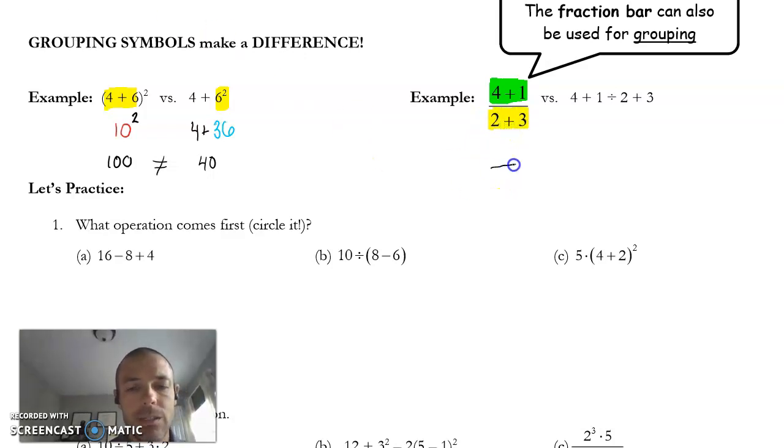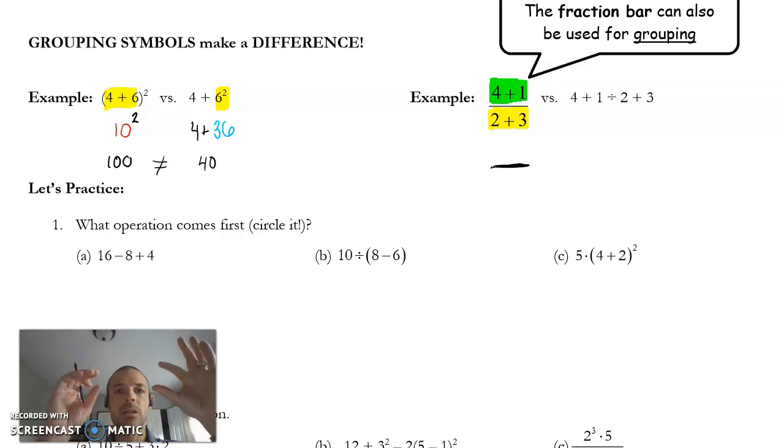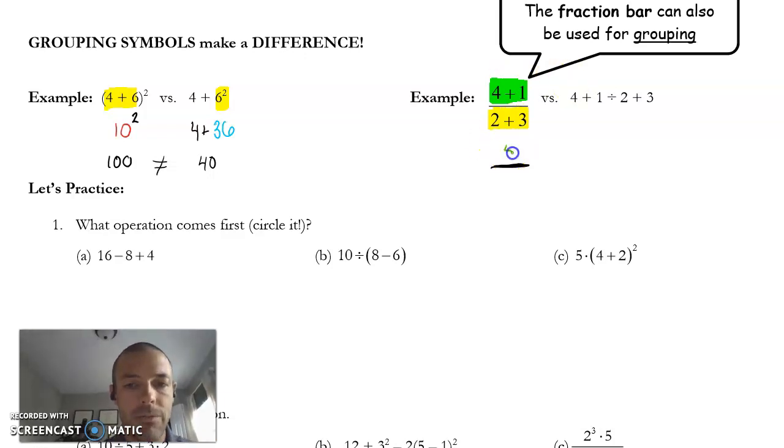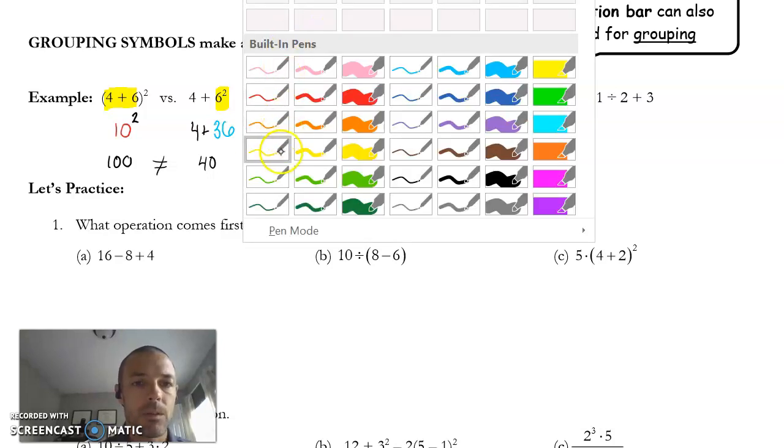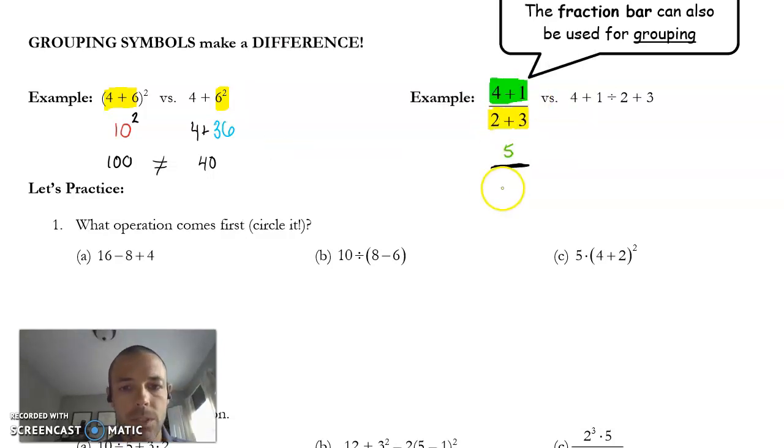And just bring down the entire fraction bar. Treat this like 3 separate problems. Simplify your numerator, simplify your denominator, then simplify your fraction. When I simplify my numerator, 4 plus 1, I get 5. When I simplify my denominator, 2 plus 3, I get 5. Now I simplify my fraction, 5 divided by 5, I get 1.